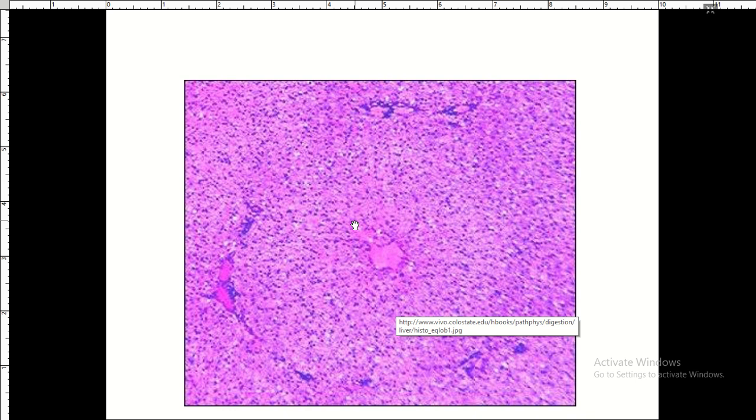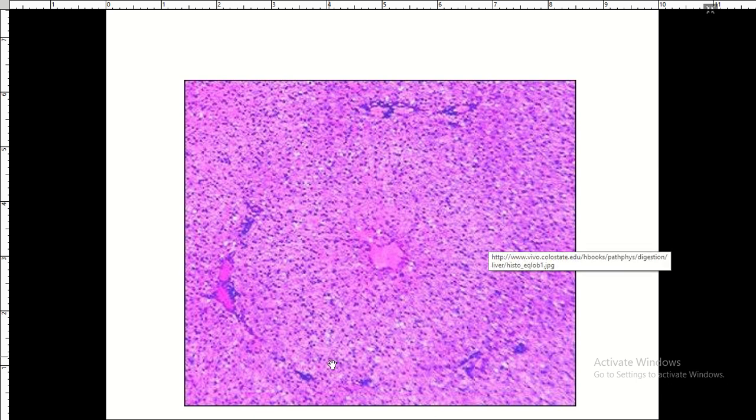They have lower concentration of oxygen, lower concentration of nutrients, and they are involved in detoxification and glycogen metabolism. But as for these ones that are near the portal, these are periportal hepatocytes. They undergo aerobic metabolism and are active in protein synthesis due to high oxygen and nutrient supply.